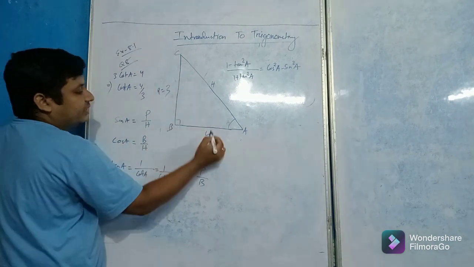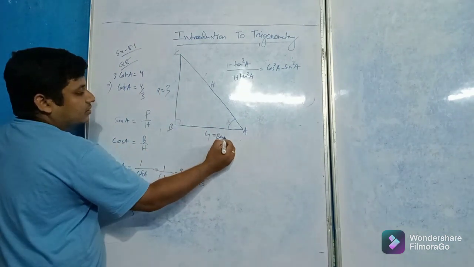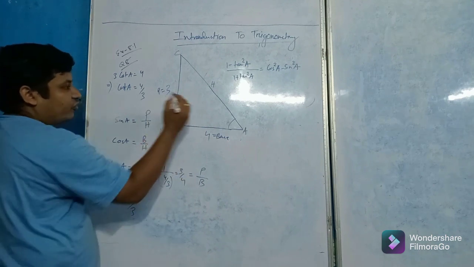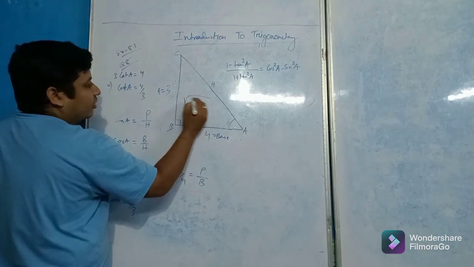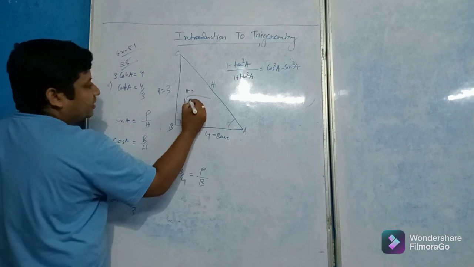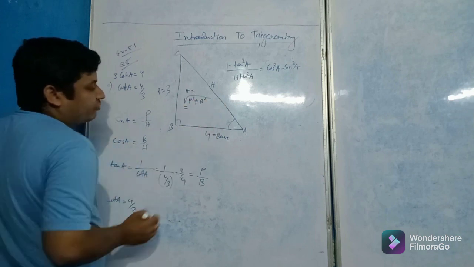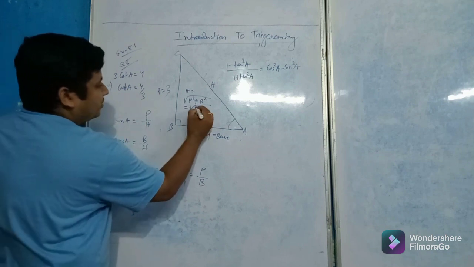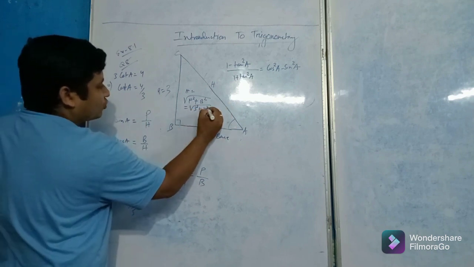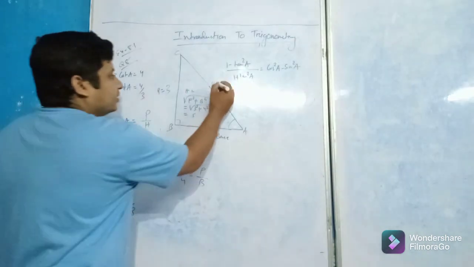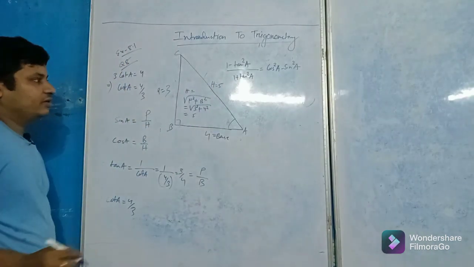It is perpendicular, it is base, and the hypotenuse again can be found out from the same formula, root over of h equals to root over of p square plus b square. If you solve it, you will get 3 square plus 4 square equals to, if you solve, you will get 5. H equals to 5.